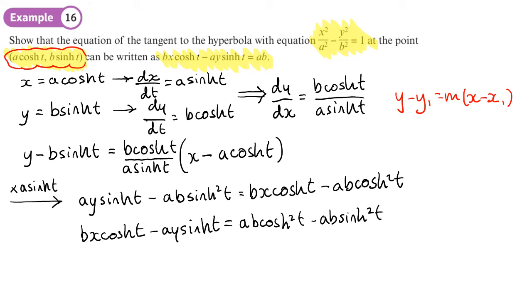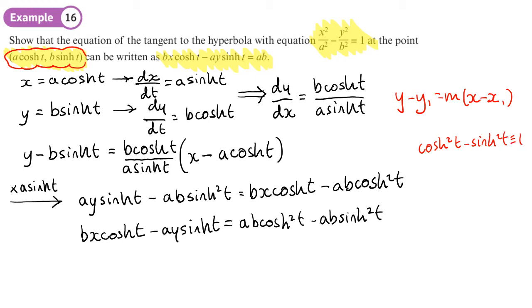Now this is an identity. I don't know if you remember from the hyperbolic functions that cosh squared t minus sinh squared t is equal to, or equivalent to, 1.